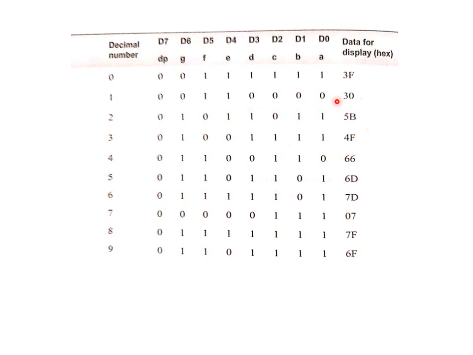Like that, a hexadecimal code is used to display each decimal digit. Likewise, to display 9, the hexa code is 6F, and the on and off signals are A1, B1, C1, D1, E0, F1, G1, decimal point 0. Like that, the 7 segment display unit displays your digits.